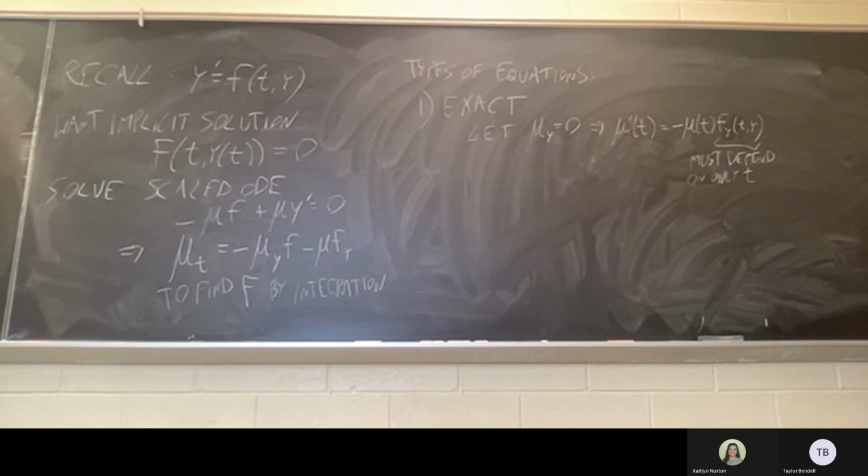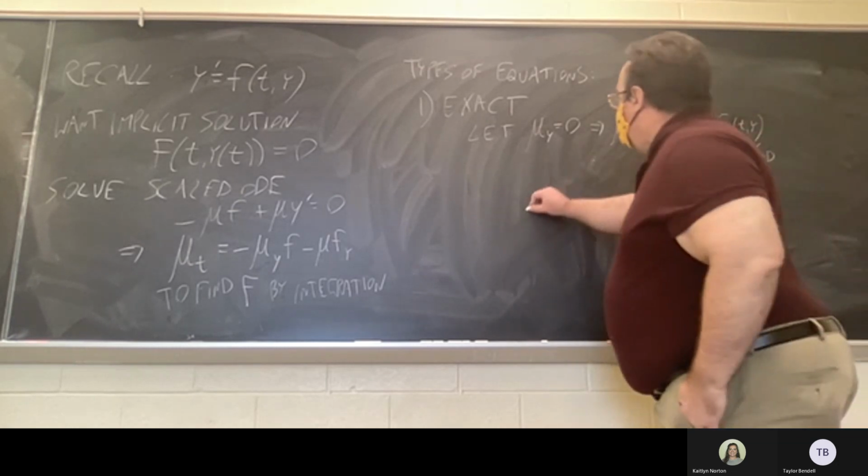Now, that might happen possibly after simplifying this as much as you can, but if you find that it depends only on t, then you have an ODE, hopefully a simpler one, and you can solve for mu. But because it has to be equal everywhere, we cannot have any y dependence.